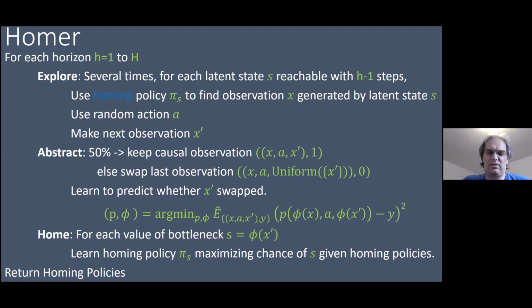I guess it's asking about the distinction between the learning of phi versus the homing policy when noise is introduced.